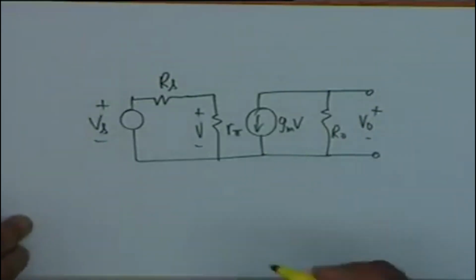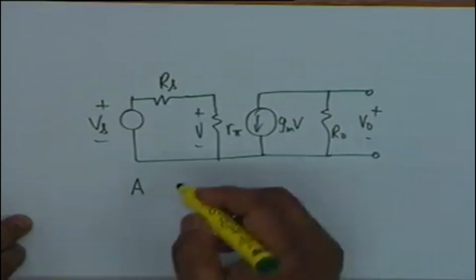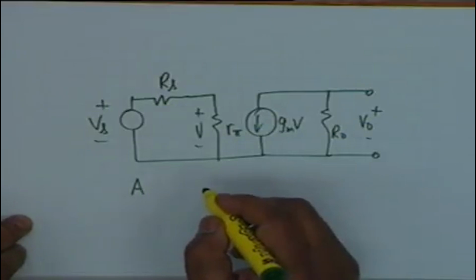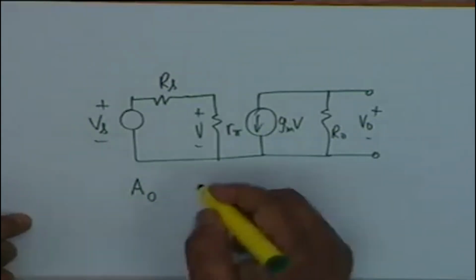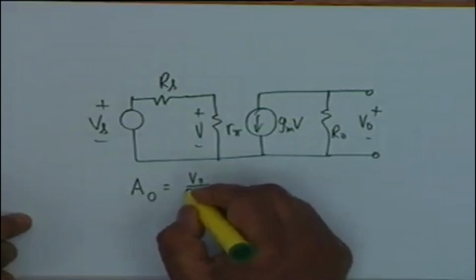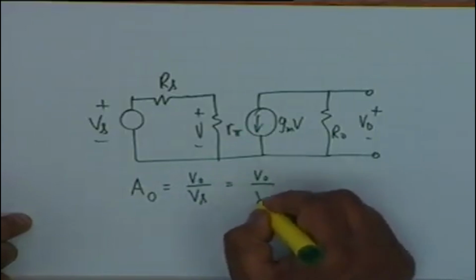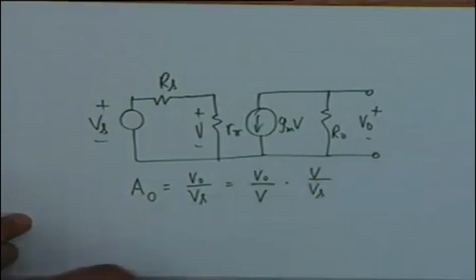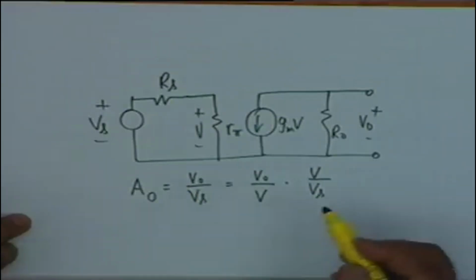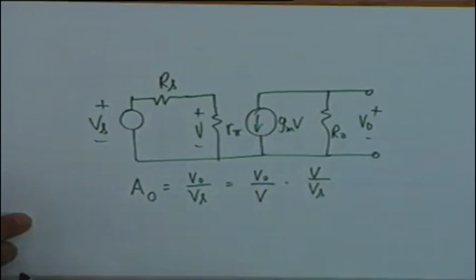And you notice that the gain A, we are calculating the mid-band gain, and therefore I put a subscript 0. A0 is V0 by Vs, which I can write as V0 by V multiplied by V by Vs. Is that okay? V0 by Vs I have written as V0 by V multiplied by V by Vs.